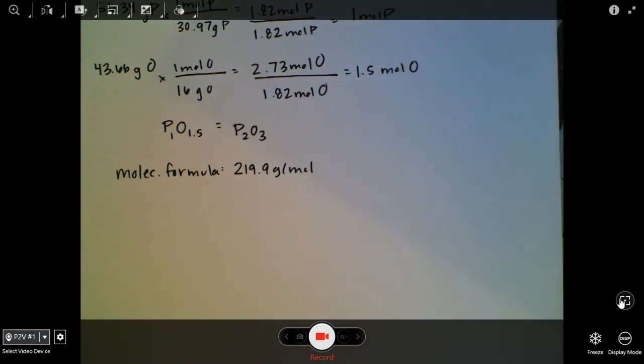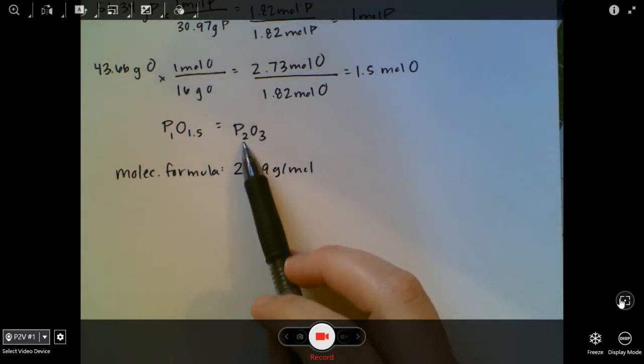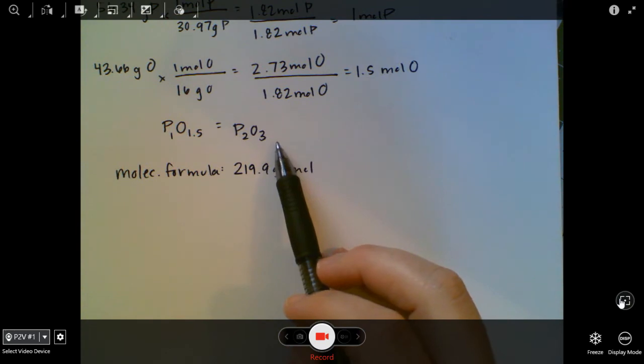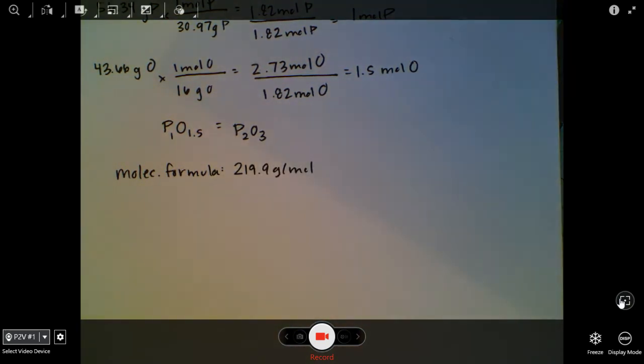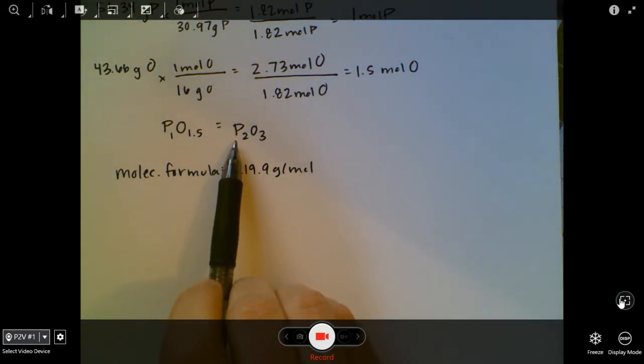So that's the big boy. That's the big formula. We don't know what that formula is, but we know that formula is some variation of this. It's either the same or so many times bigger, like 1 or 2 times bigger, 3 times bigger, whatever.